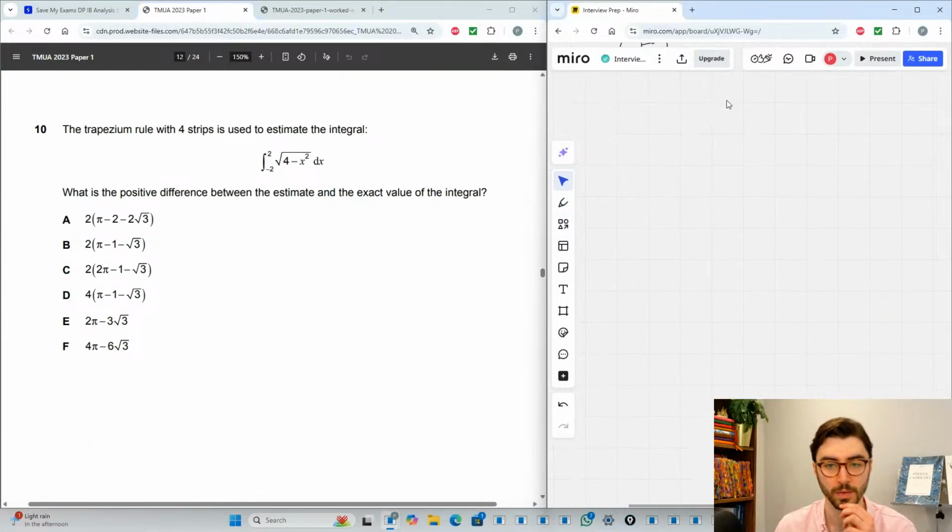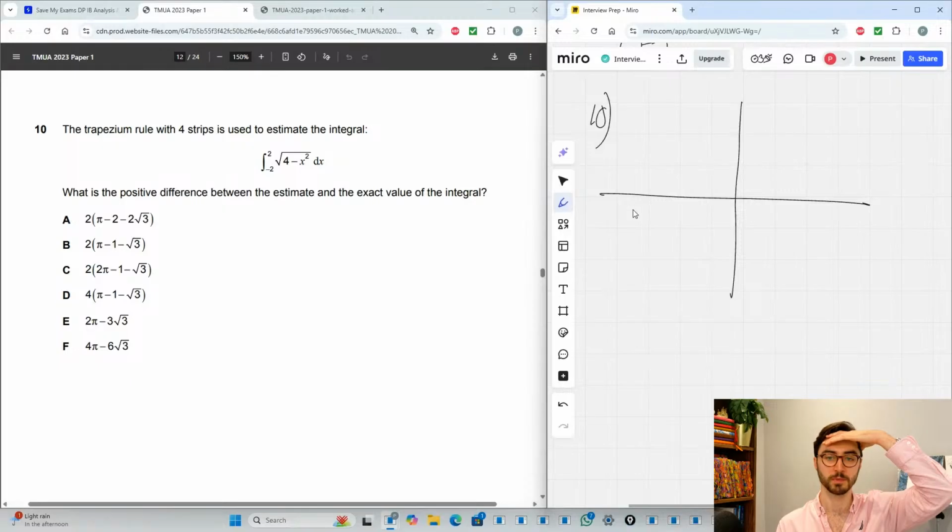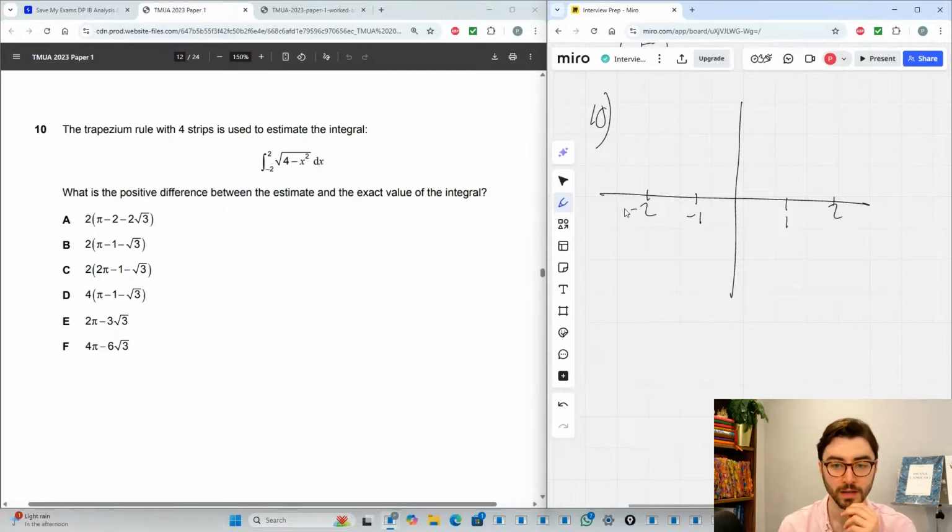Okay, let me actually have a go at this. So 10. What I'll do, so if it's 4 strips between minus 2 and 2, that means I need minus 1, 0, and 1 as well. When x is equal to minus 2, square that up for 4, you get 0.